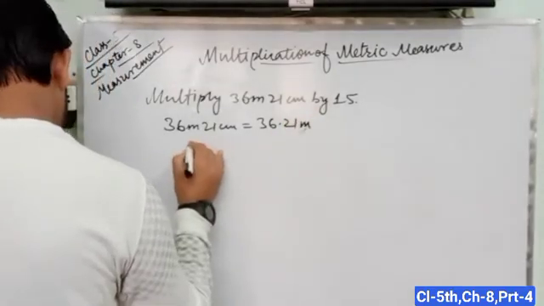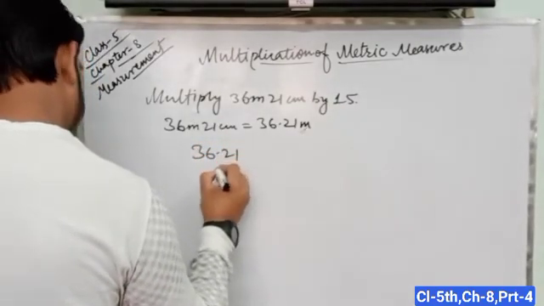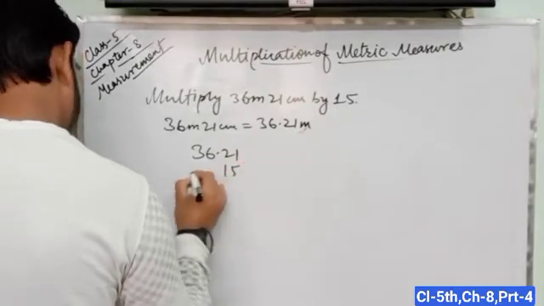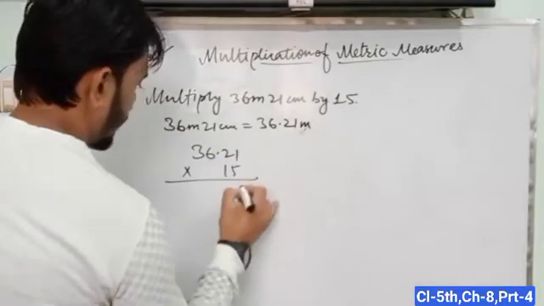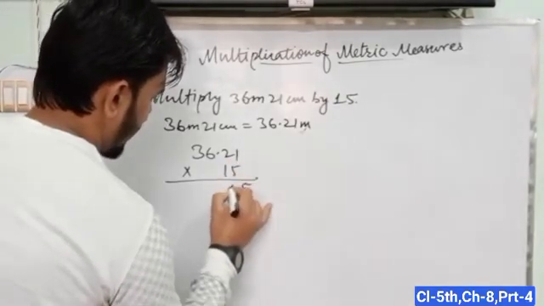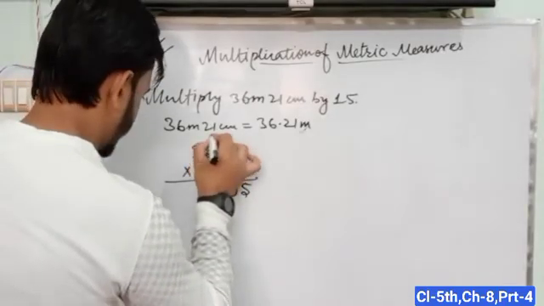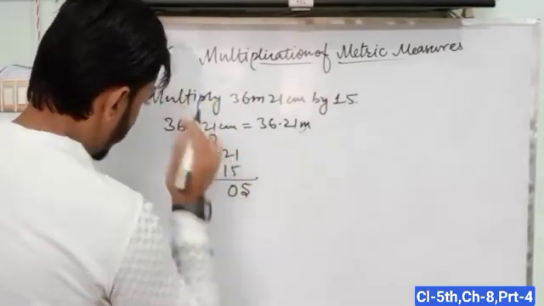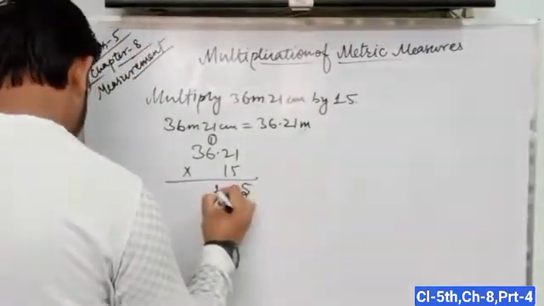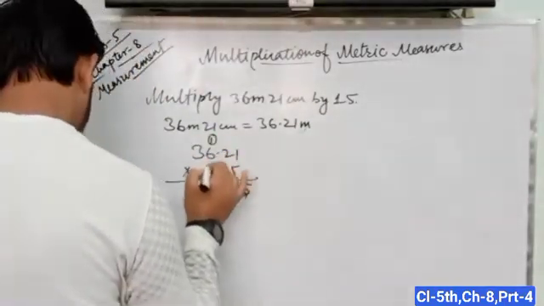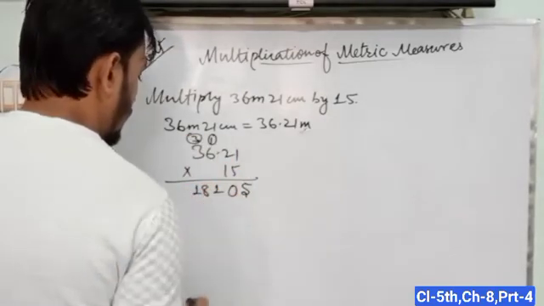So now write in the column form 36.21 multiplied by 15. 5 ones are 5, 5 twos are 10, 0, carry 1, 5 sixes are 30 and 1, 31, and this one here, again 3, 5 threes are 15 and 3 is equal to 18.